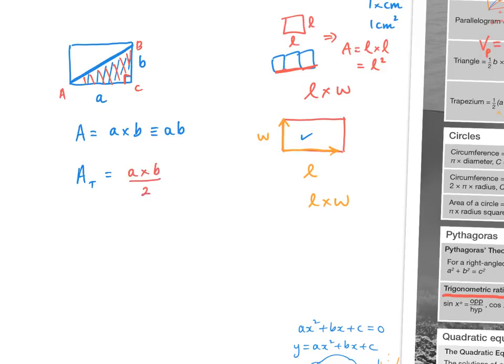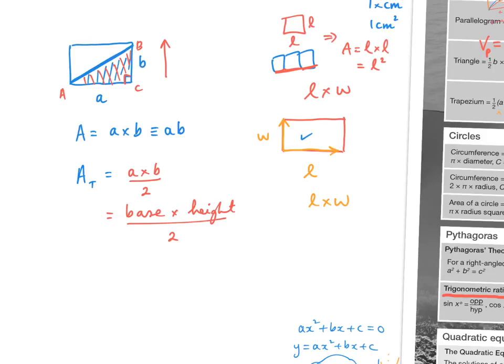Okay? So one way of thinking about it is base times height, and the height's really important. It's got to be one that's at right angles, all divided by 2. So base times height all over 2.